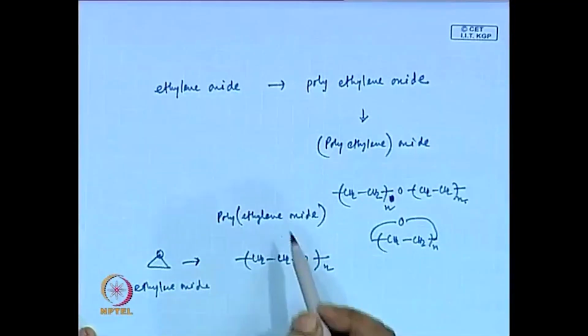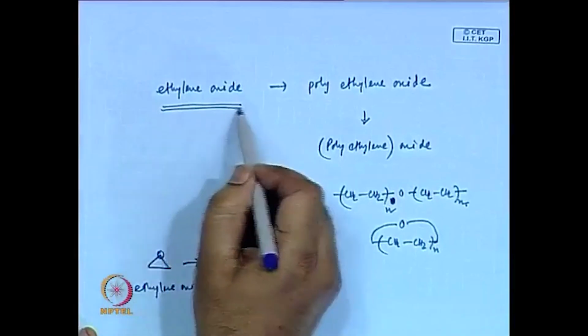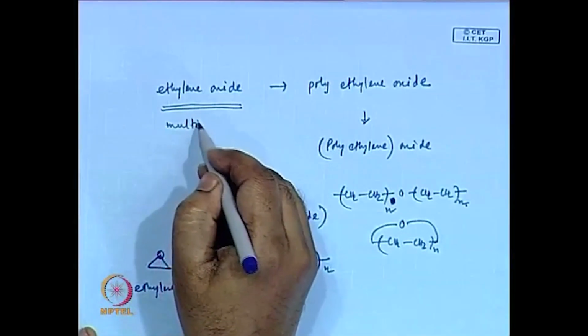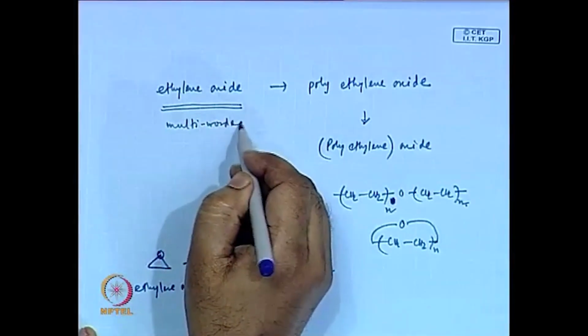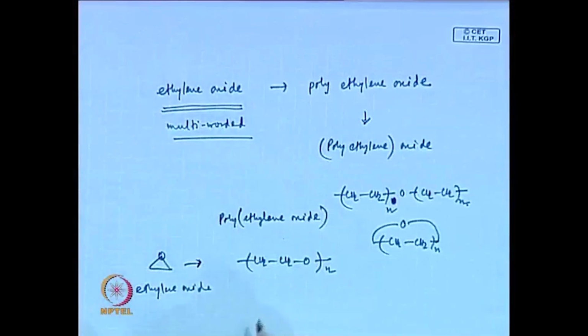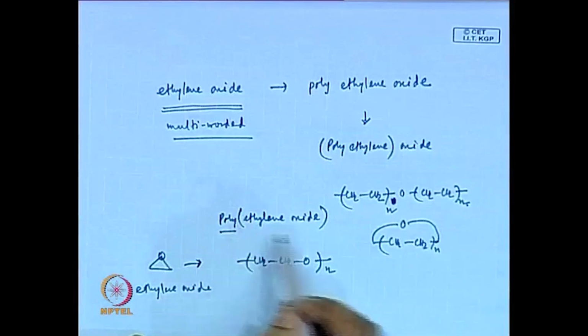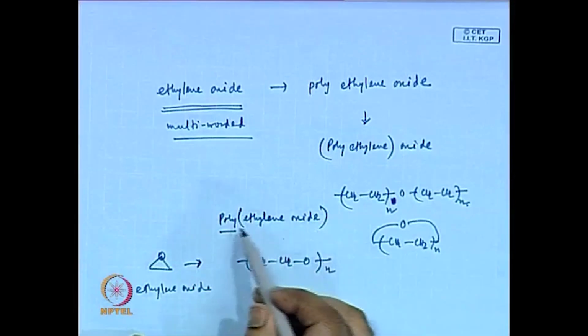So, if you have a multi-worded monomer, then you must put a bracket before prefixing the term poly.